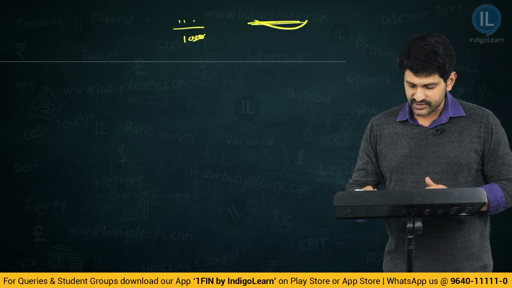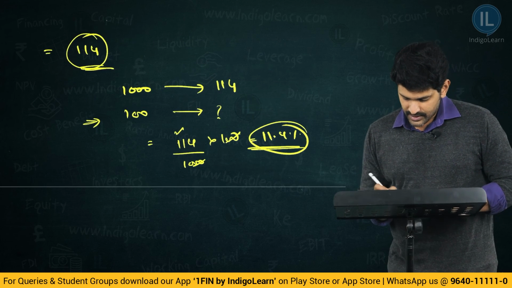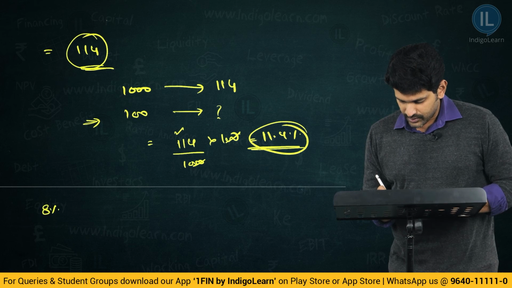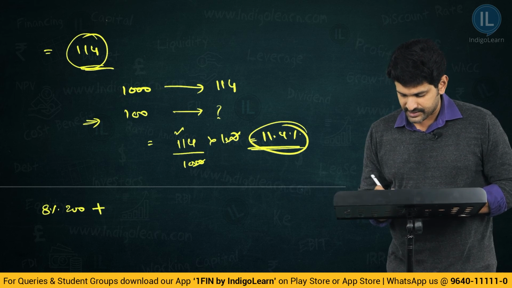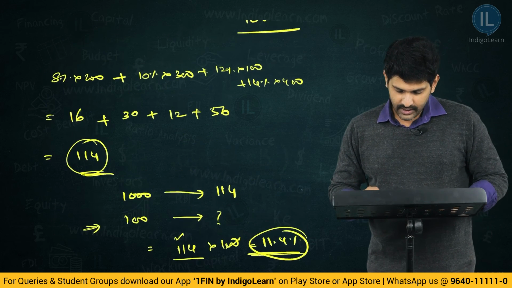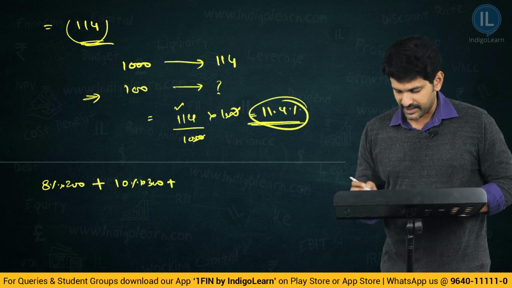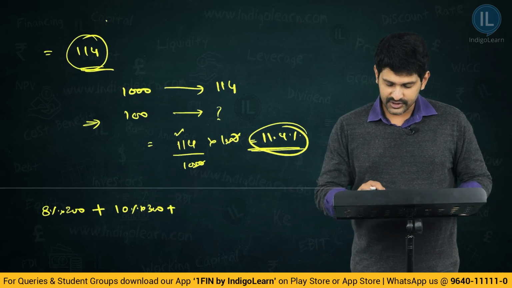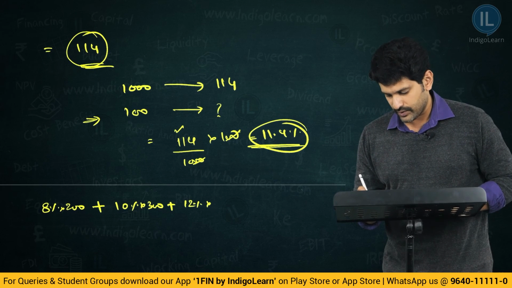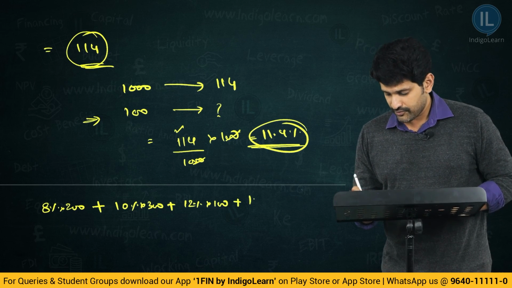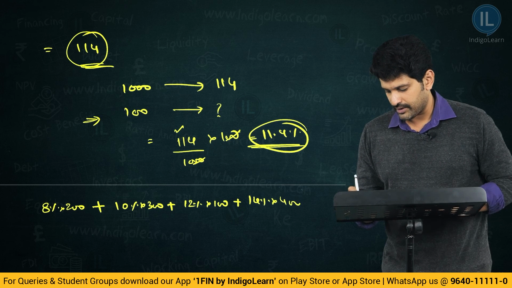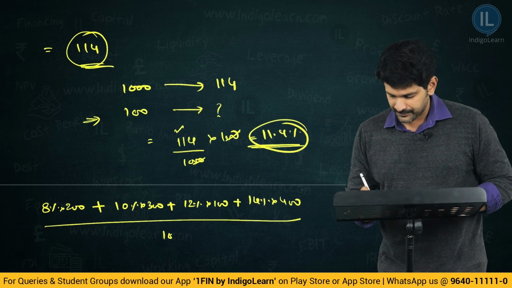So, this 114 by 1000 we will write as 8% on 200 plus 10% on 300 plus 12% on 100 plus 14% on 400, the whole divided by 1000.